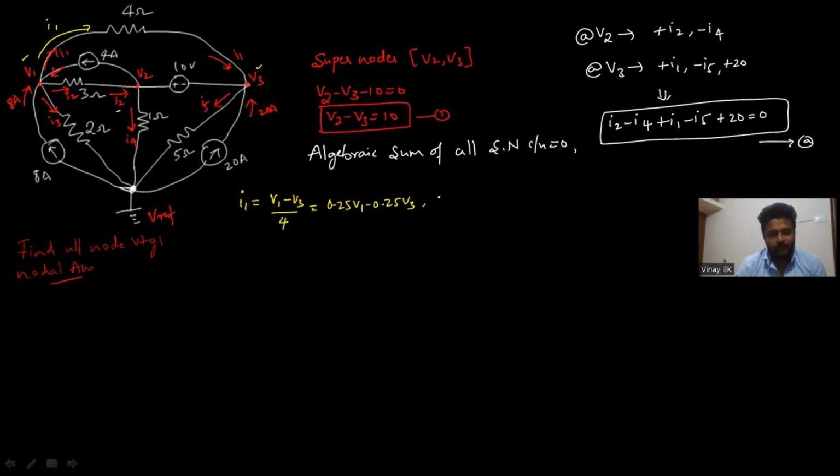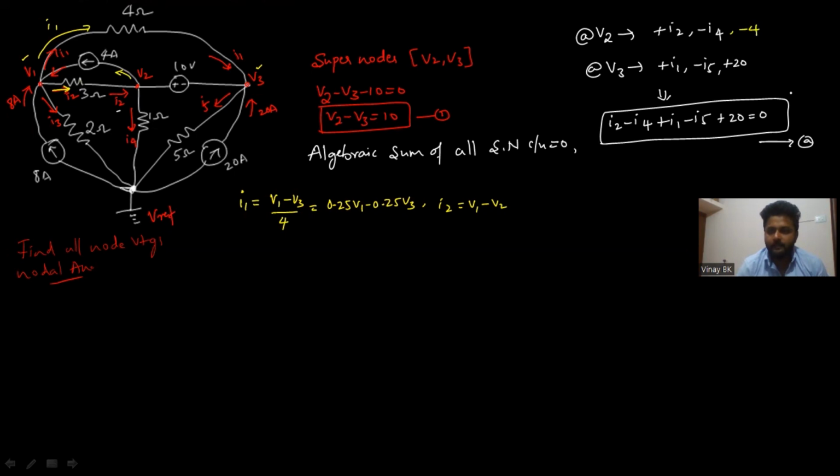Similarly, I2. See, I2 is flowing from V1 to V2. We can write V1 minus V2 divided by, again you write here at V2, 4 ampere is leaving, sorry, so that minus 4.